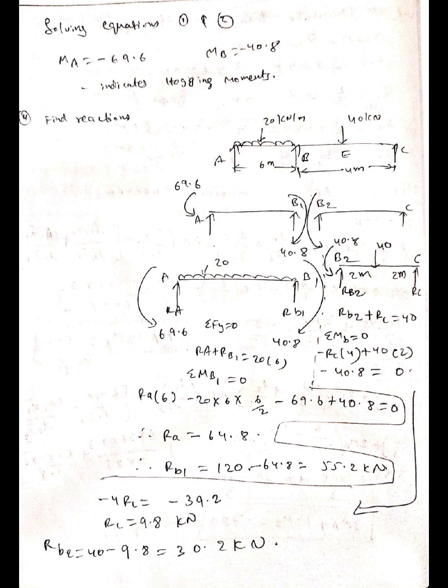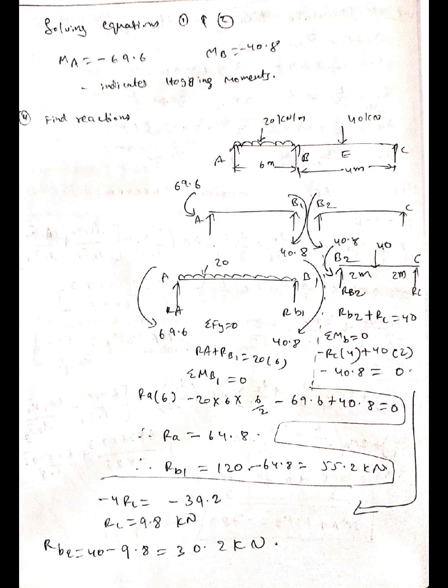Next step is to find the reactions. Take the span ABC and take AB and BC separately. For AB, let us calculate the reactions for A and B1, and for B2 and C separately.